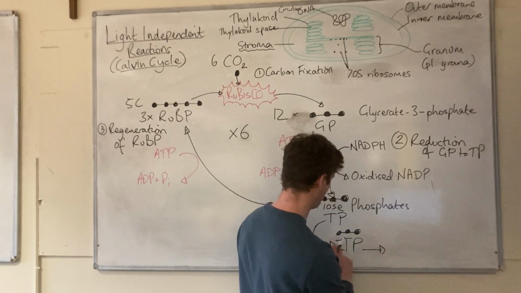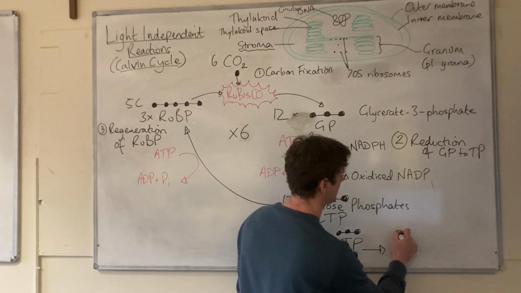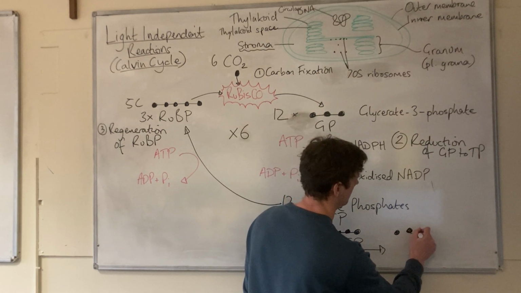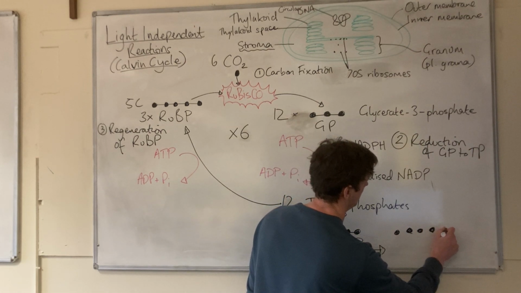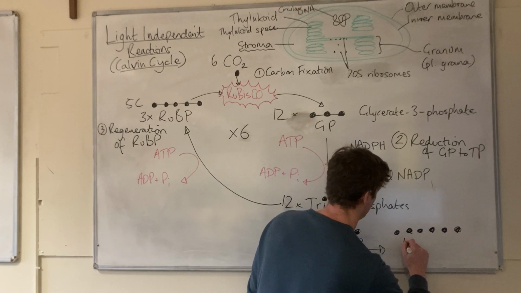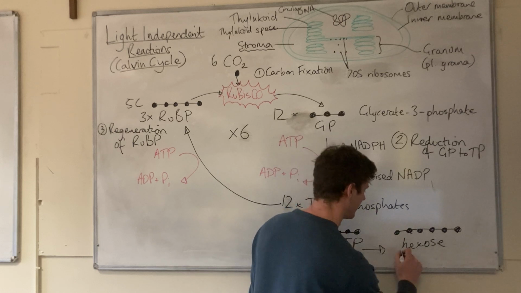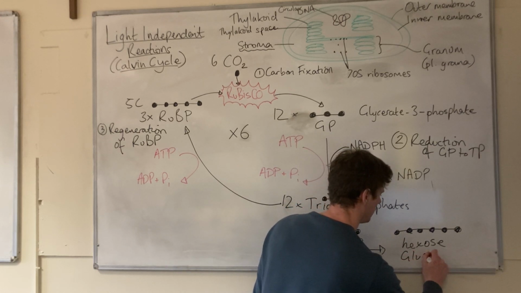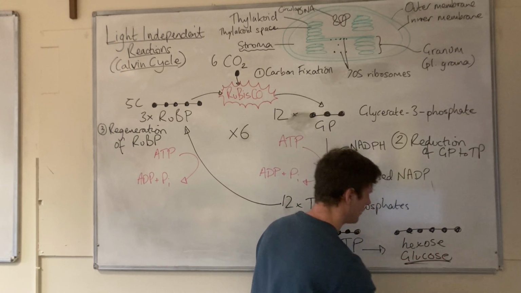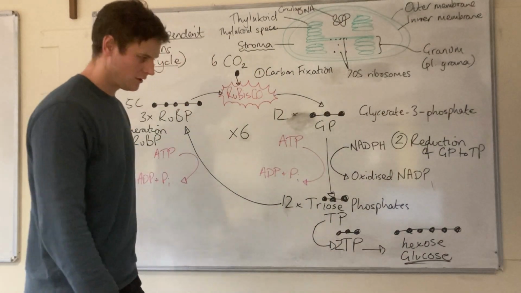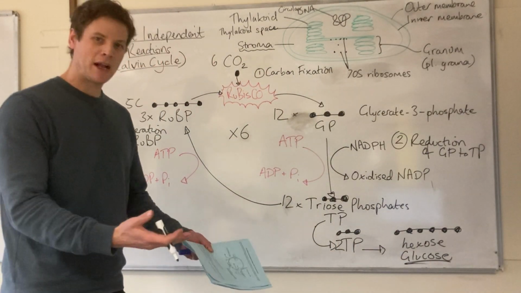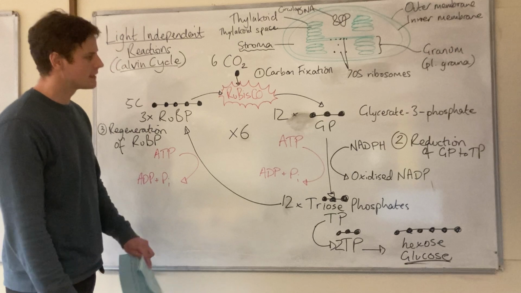We could make, with 2 of those, a 6-carbon hexose sugar. For example, glucose. So there's the magic of it. I get excited talking about this.